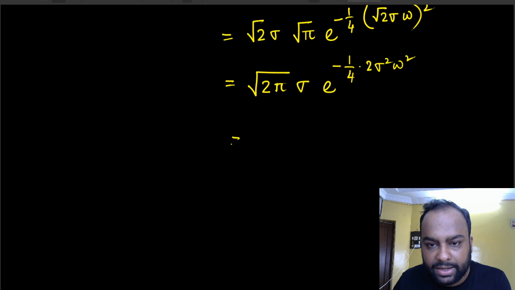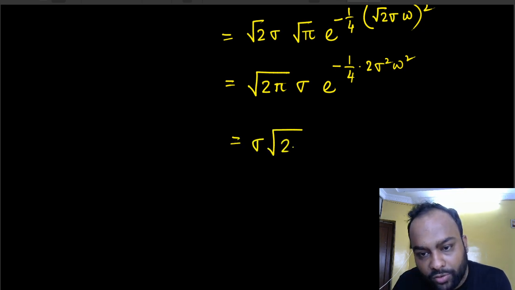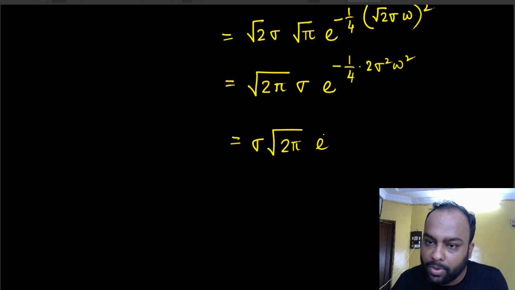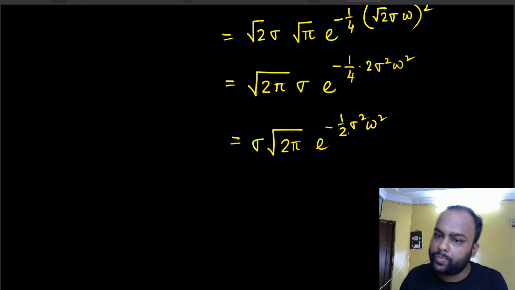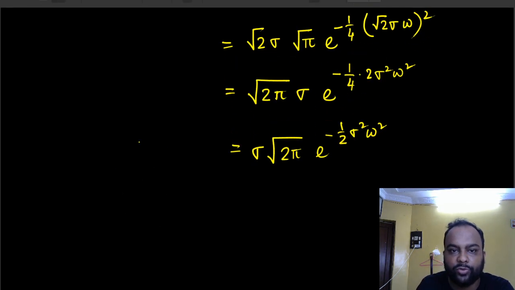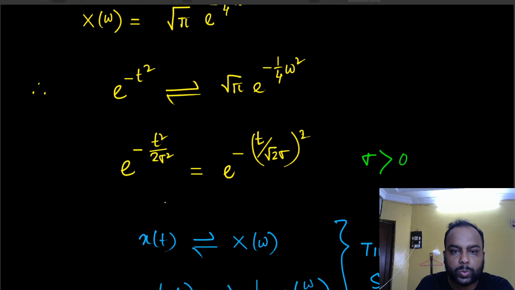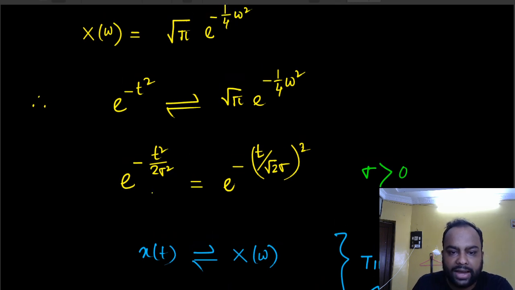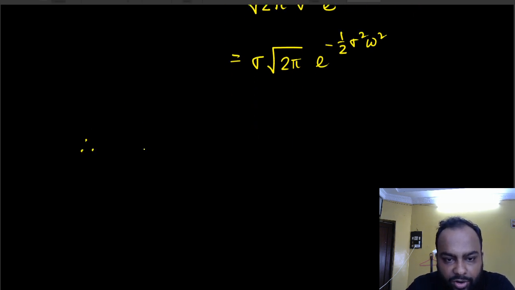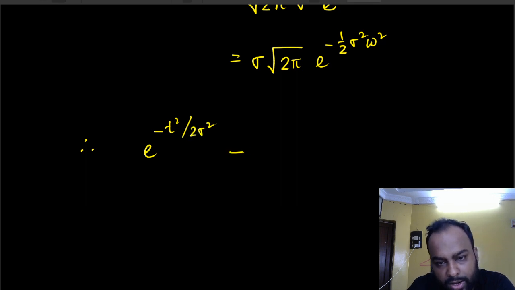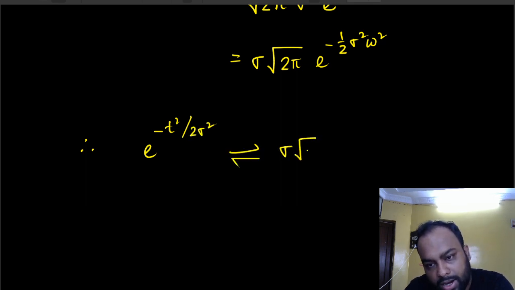Simplifying this a bit gives me sigma root 2 pi e to the power minus half sigma square omega square. So what we just calculated is the Fourier transform of e to the power minus t square by 2 sigma square.